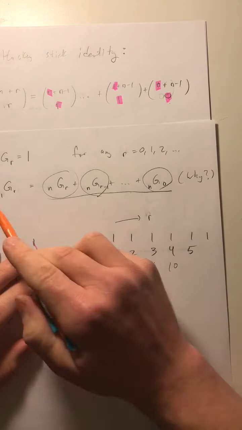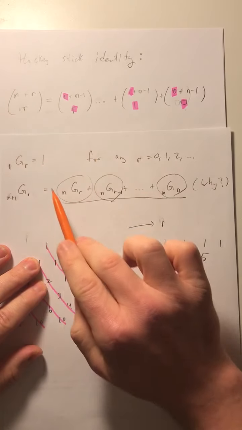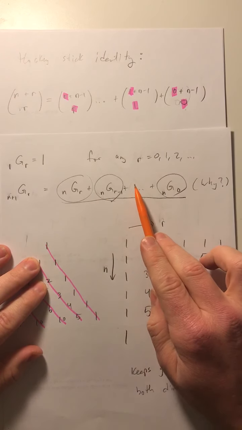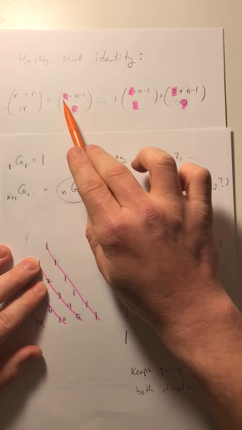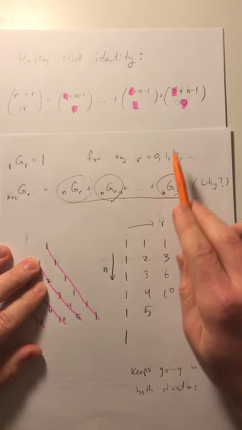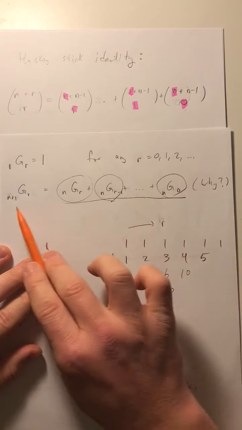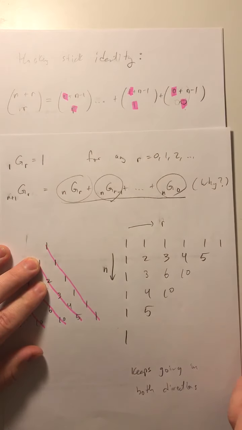And so this says that N plus 1 choose R is equal to the sum of N choose R, N choose R minus 1, N choose R minus 2, all the way down to N choose 0, which is what these values are. And the highlighted part is the sum of N choose K as K goes from 0 up to R. Okay, so this row here is in symbols the same thing as this one is in actual values.